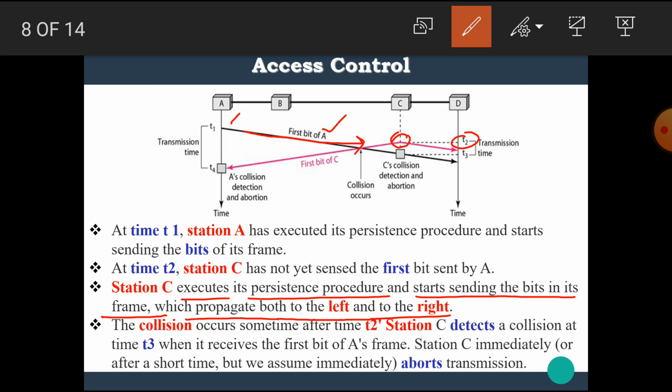That means the transmission from A has not reached C, hence C finds the channel idle and C transmits its data towards the left and towards the right.